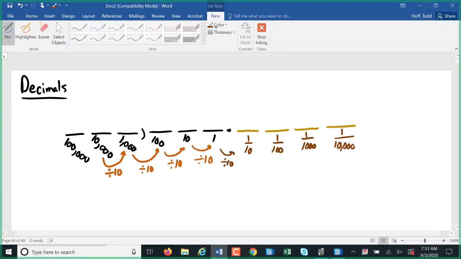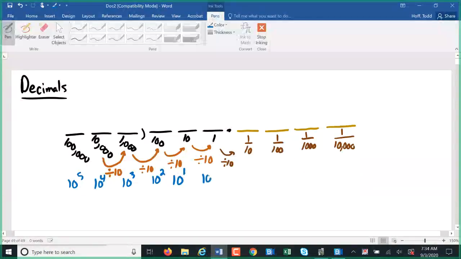One of the things I get asked a lot by students is, why isn't there a ones place after the decimal, or a oneths place? It's exactly because of this pattern. You have to divide by 10. Also, you might notice 10 is 10 to the 1, 100 is 10 squared, 1,000 is 10 to the third, 10 to the fourth is 10,000, 10 to the fifth is 100,000.